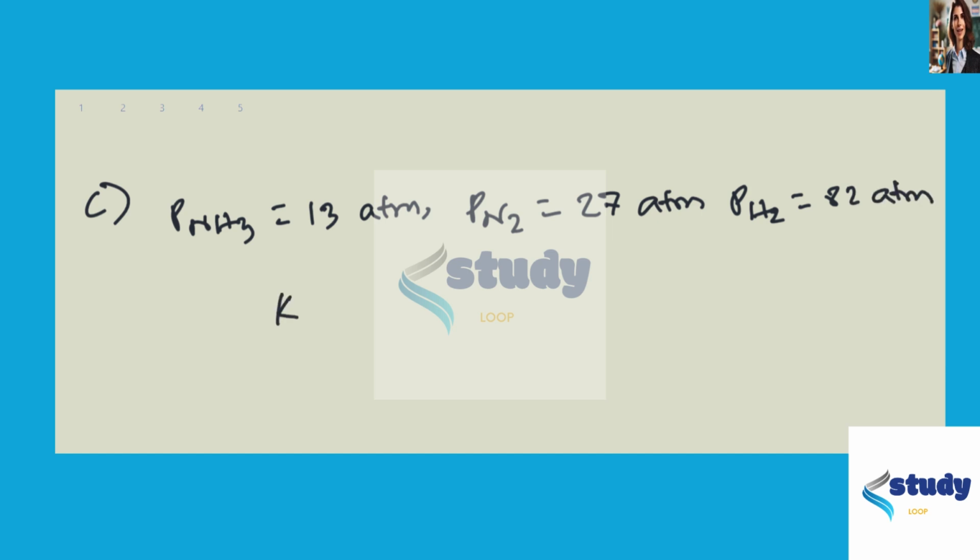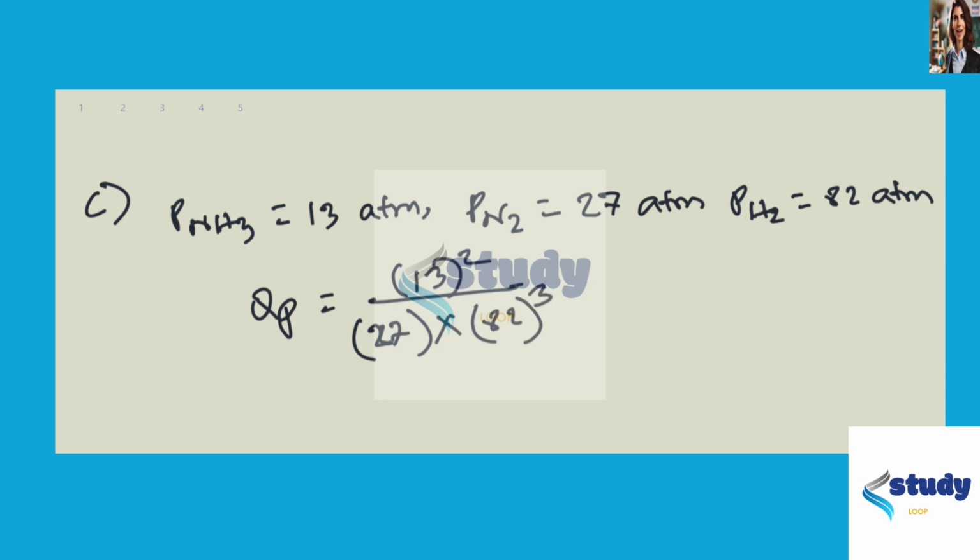If we write down the reaction quotient in terms of pressure, it will be ammonia's partial pressure squared over nitrogen's partial pressure times hydrogen's partial pressure, which is 82 cubed, and this gives us a value of 1.14 times 10 to the power minus 5.